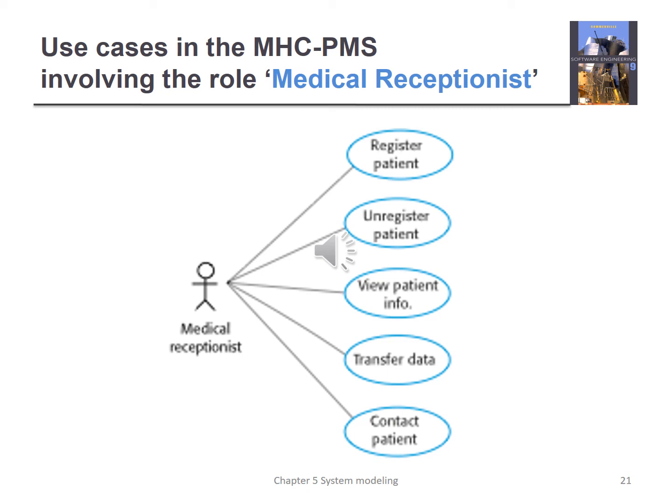In this case, the medical receptionist will register a patient, unregister a patient, view patient info, transfer data, and contact patient. And actually, the medical receptionist and transfer data use case is the one we just saw in the previous slide, and the one we explained in the slide before, and the one even before it.